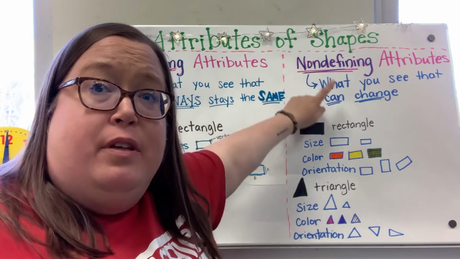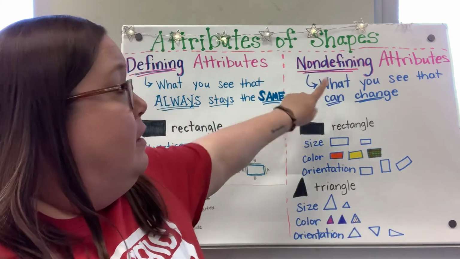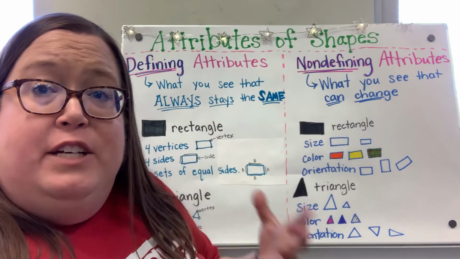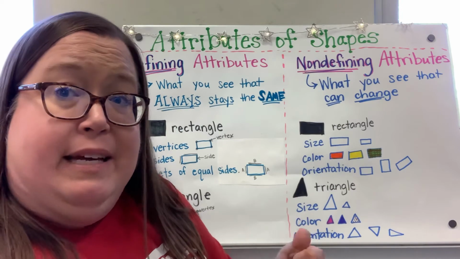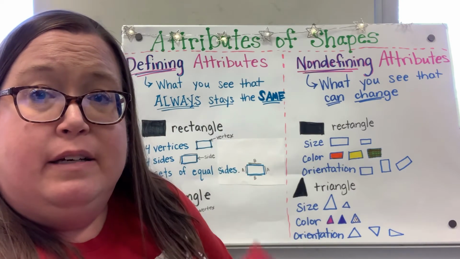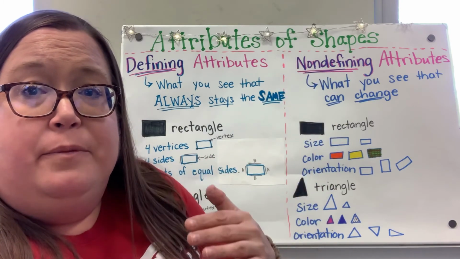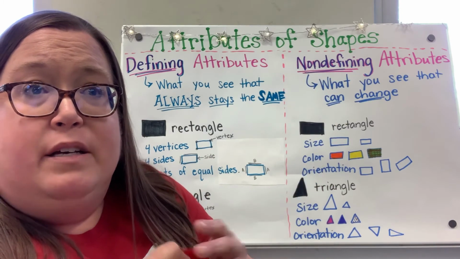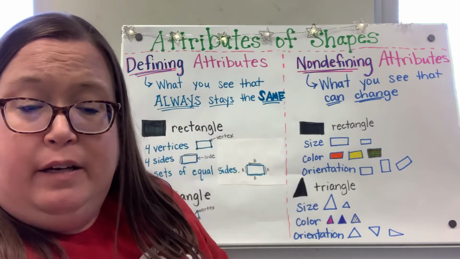Non-defining attributes are the things that you can change, but not change what the shape is, okay? A rectangle is a rectangle no matter what color it is, no matter what size it is, no matter what its orientation is, what direction it's pointed, okay?